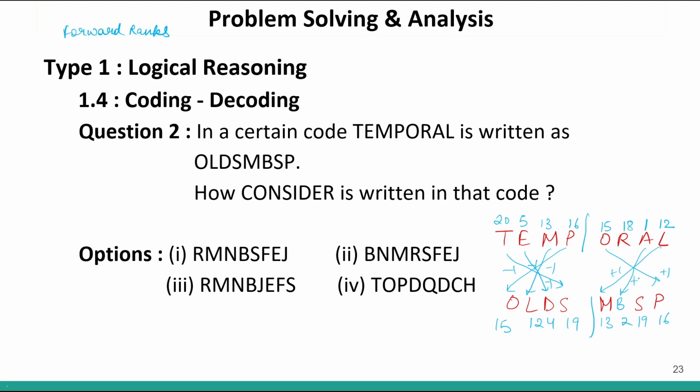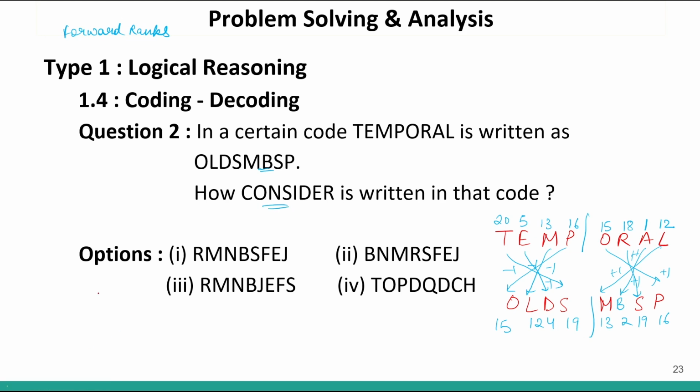A to B we are going +1 and R to S we are going +1. So OLDSMBPS. What we have done is we have broken the word into two parts, and over here we are moving one position backwards in a crisscross manner, and over here we are moving one position forward in a crisscross manner. So we'll do the same thing for consider as well.